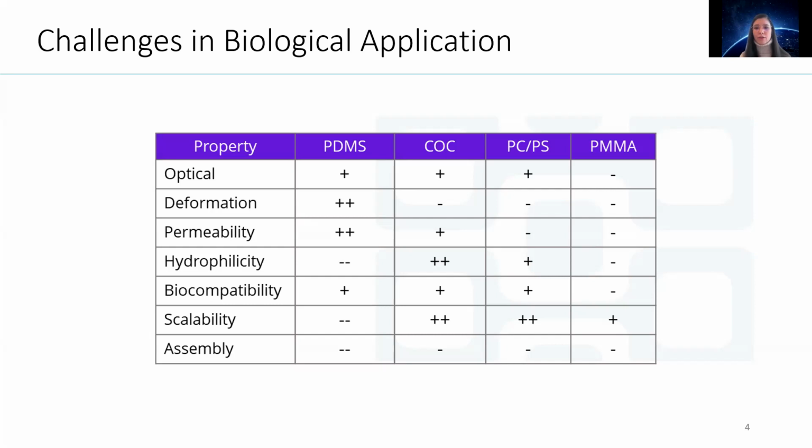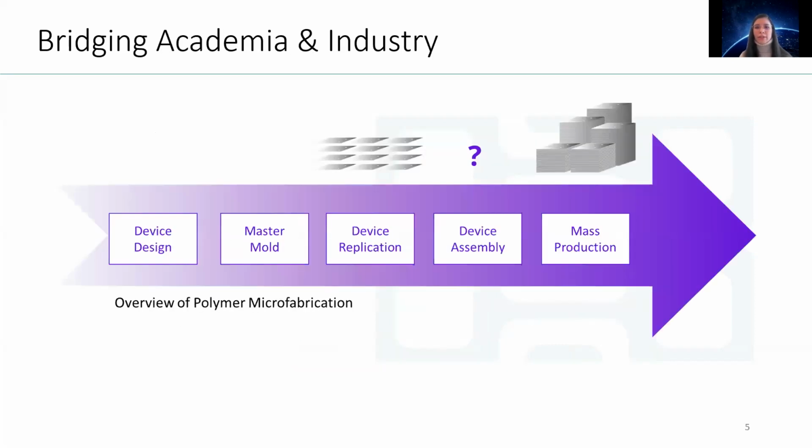And the same case goes for thermoplastics, which are going to implement those harsh temperature and chemical treatments that I previously mentioned. So there is not only a need for a material that will fulfill all of your biological and experimental requirements, but also one that will keep down the costs for the production and the assembly of the devices.